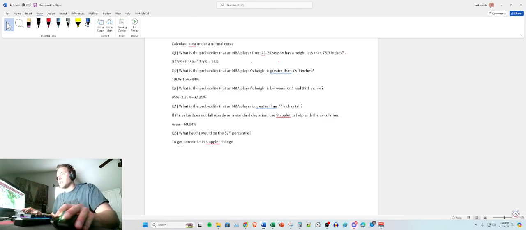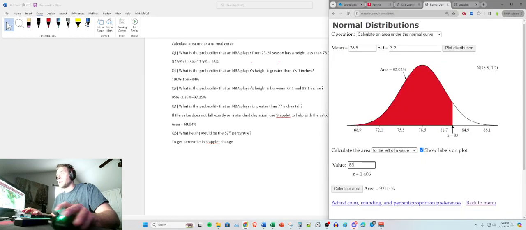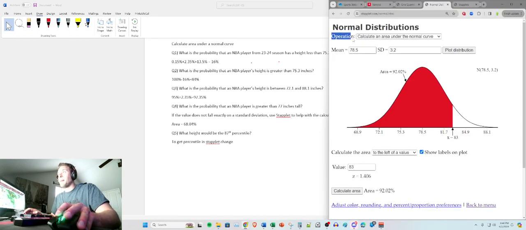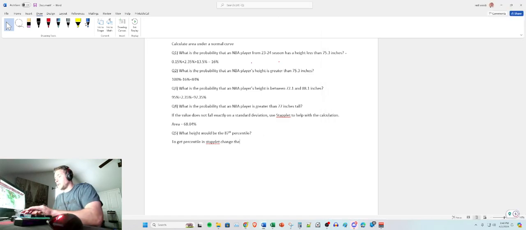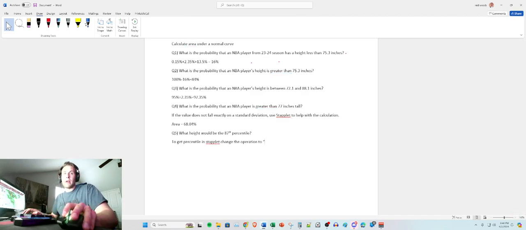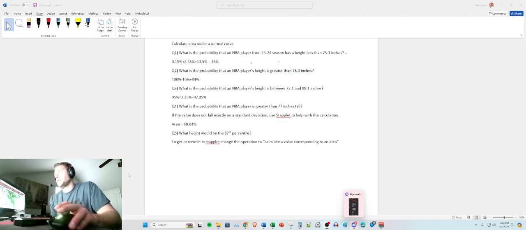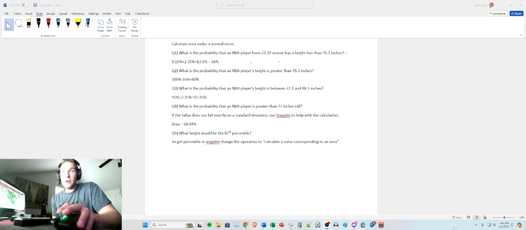Let's look at what this says here. We change the operation here to calculate a value corresponding to an area. So we'll write this down: to get a percentile in Stapplet, change the operation to calculate a value corresponding to an area.